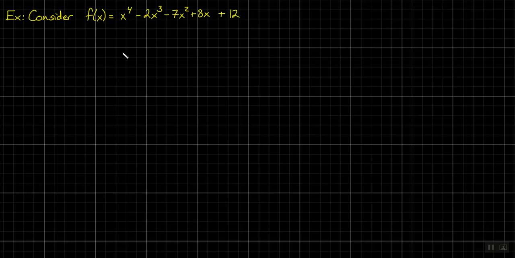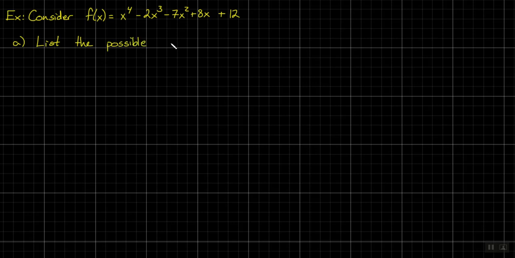So from this lovely thing, on part A, just so you know, the end goal of this is we're going to find all zeros. We're just going to break it into parts. So part A is I want us to list the possible rational roots.